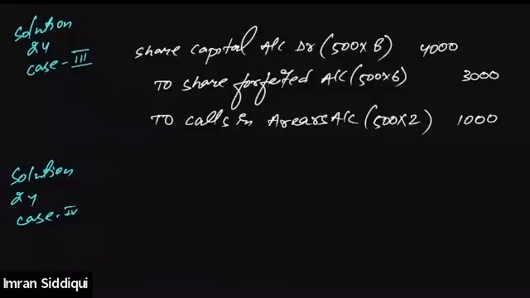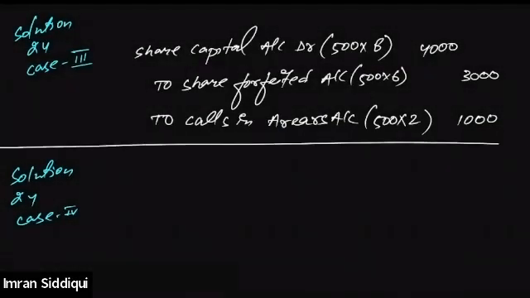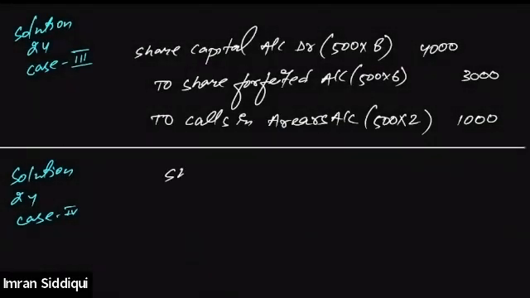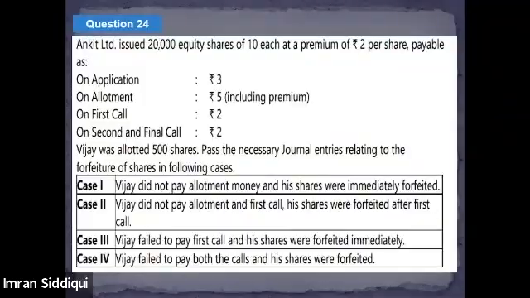See, for the fourth case, the journal entry will be share capital account debit. This time 500 into called up value.